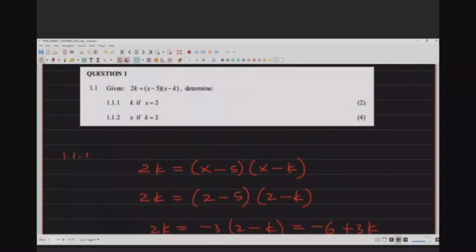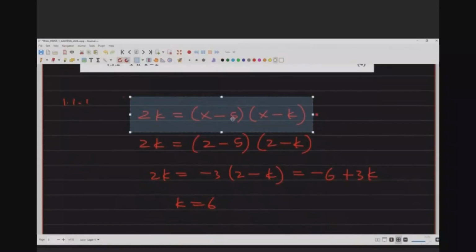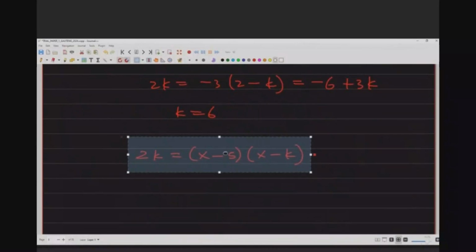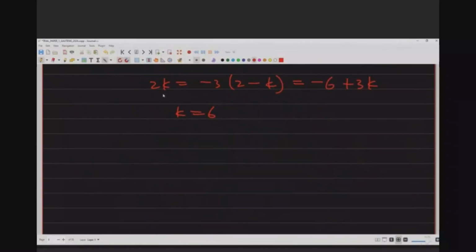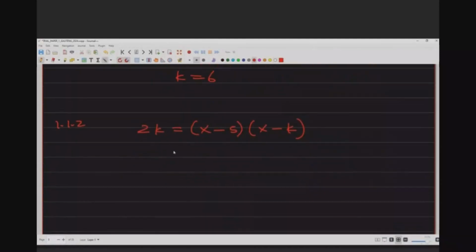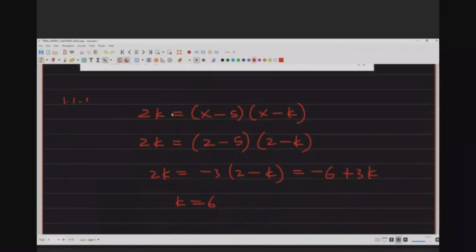And then 1.1.2 says that determine x if k is equal to 2. This is for k is equal to 2, and we want to solve for x.